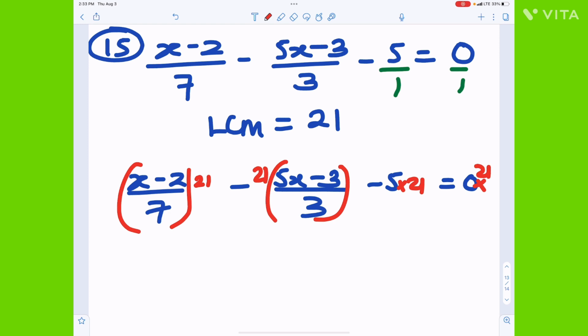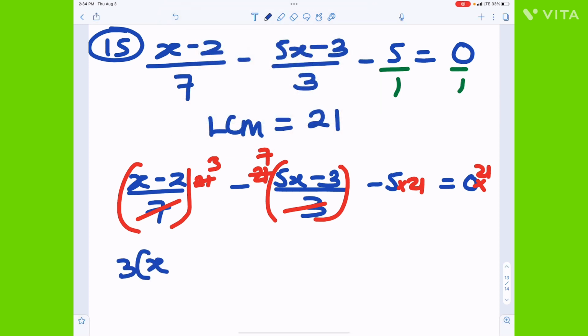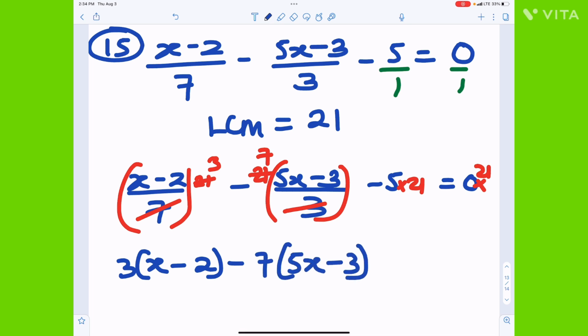And this one too by 21. So on dividing 7 in 21, 3. 3 in 21, 7. So what do you get there? You get 3 times x minus 2 minus 7 times 5x minus 3. Here, minus 5 times 21 is minus 105. Is equal to what? 0.